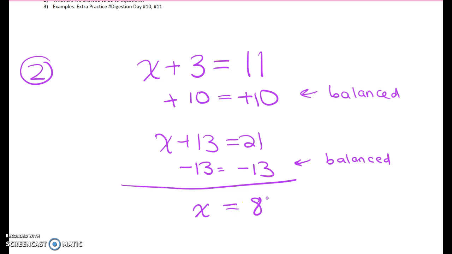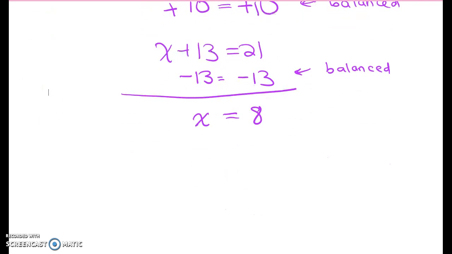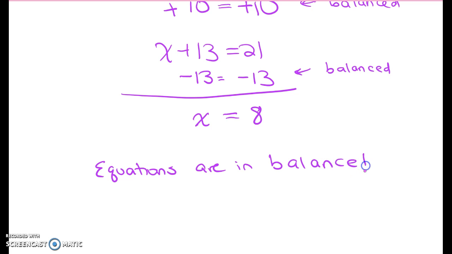So basically, this big idea of an equation in balance: if I have two equations and I add them together, and each one is balanced, then I'm allowed to add them to each other. Just like 10 equals 10 and negative 13 equals negative 13, I'm allowed to add whole equations.